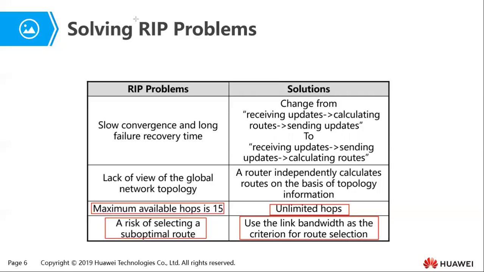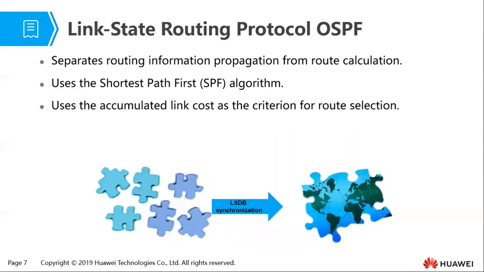So these are the problems of RIP again. Now, how do the link state routing protocols solve these problems?